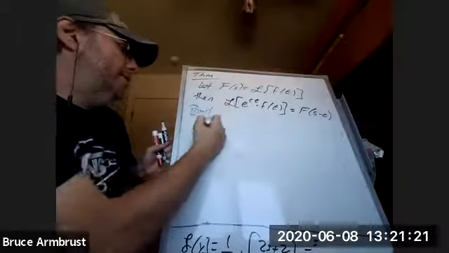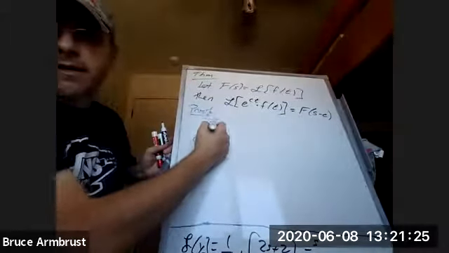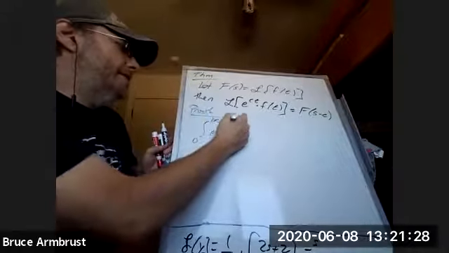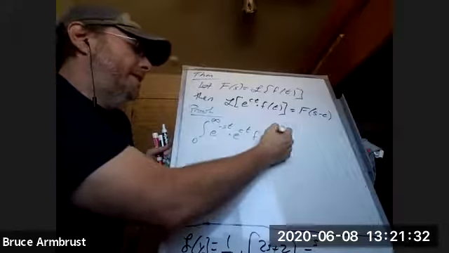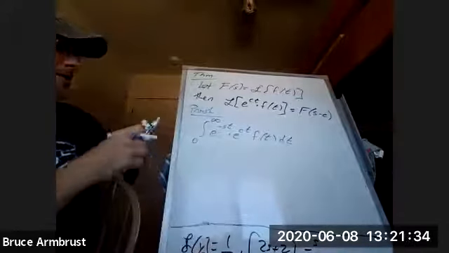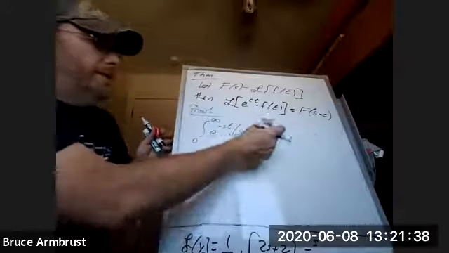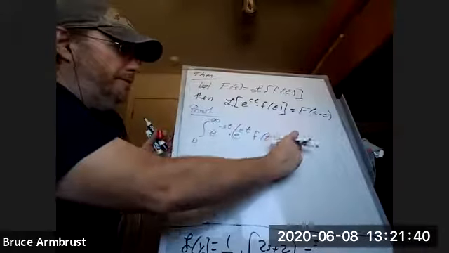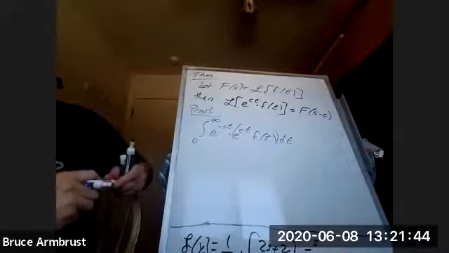Okay, so we take the Laplace transform of that. That's going to be the integral from 0 to infinity of e to the minus st times e to the ct times f of t. Right? The definition of Laplace transform is take your function, the function's there, what's in the red, multiply by e to the minus st and integrate.